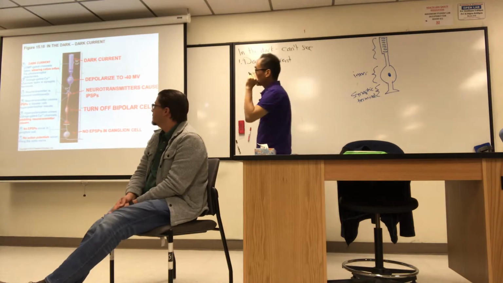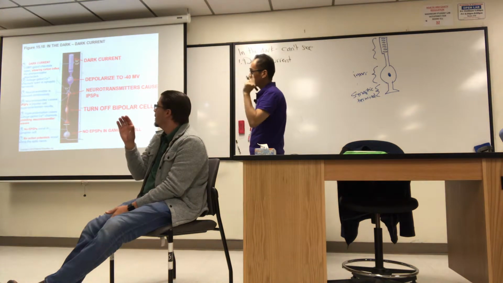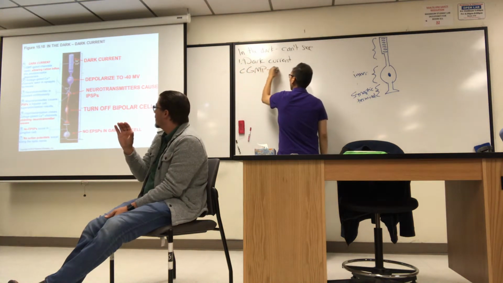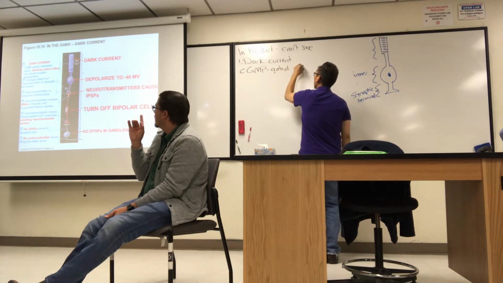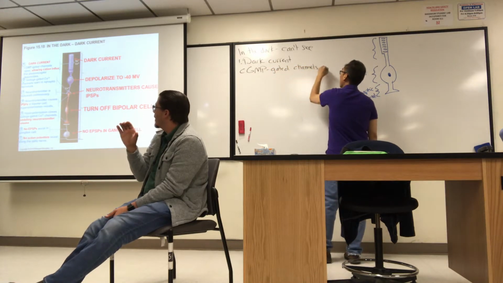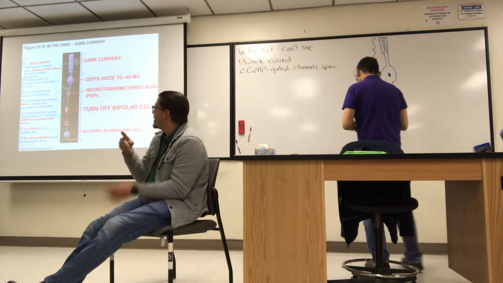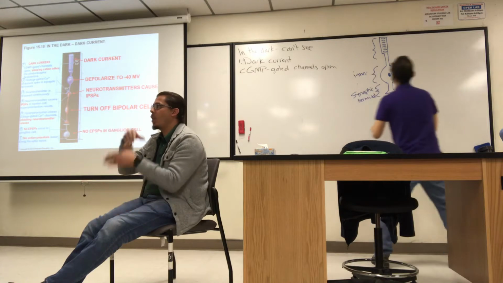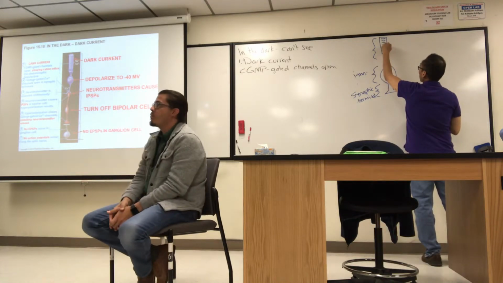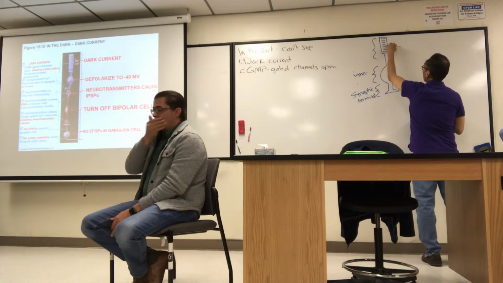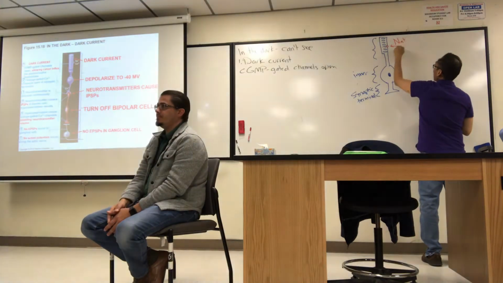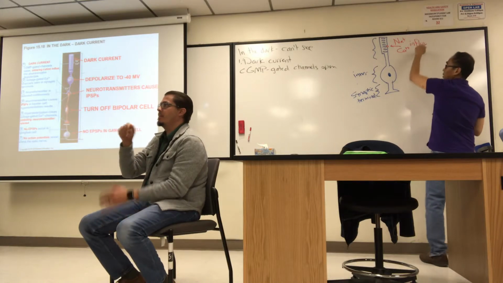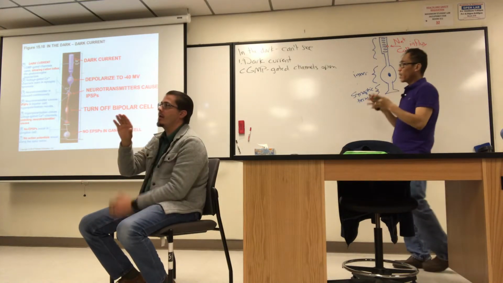So the thing to note: cyclic GMP gated channels open. So cations go in, like sodium and calcium. I'll draw a little channel there. Sodium, calcium, influx. Okay, the cations go in.